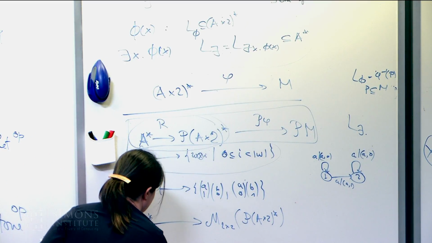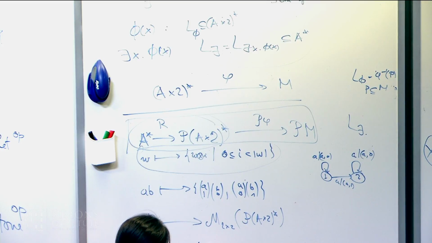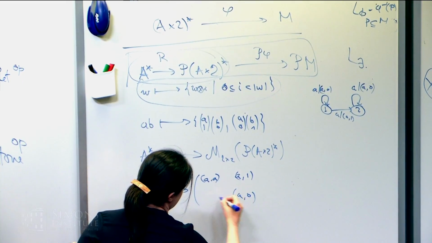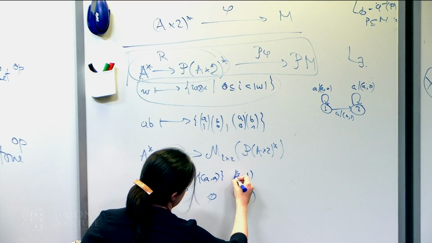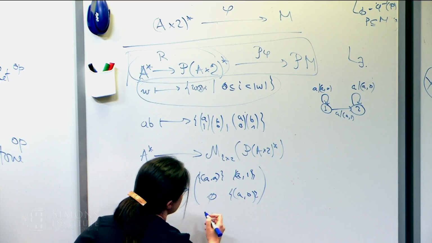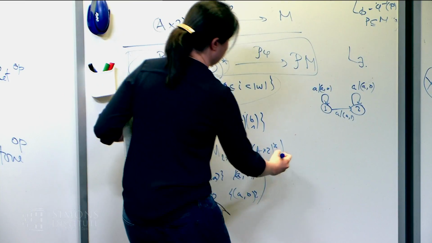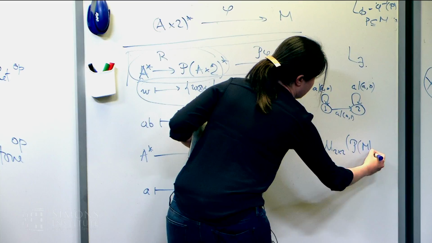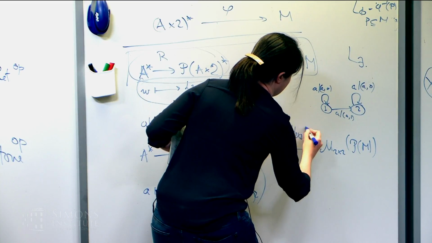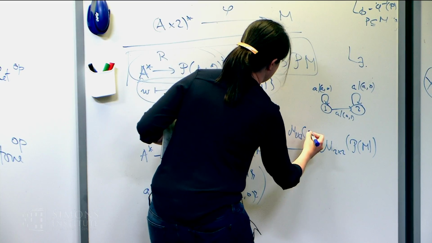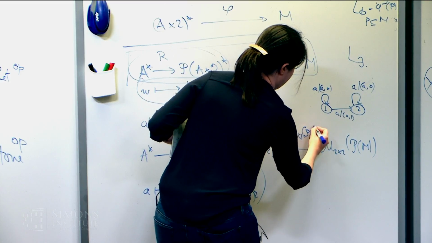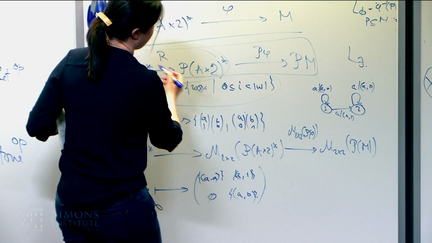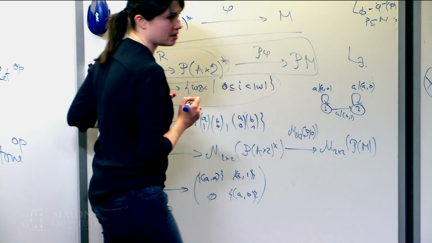The monoid will be generated by A being mapped to this matrix. And if we apply here the morphism phi, one gets a monoid morphism which exactly recognizes L exists.